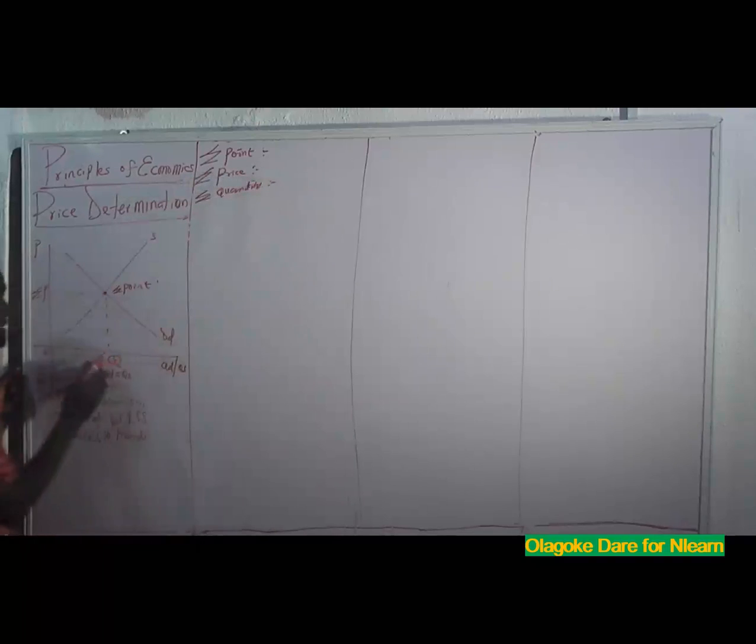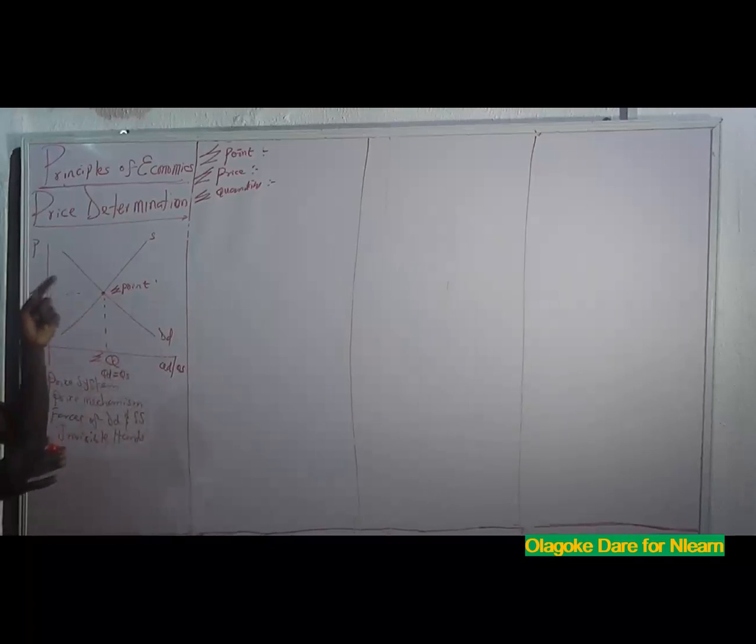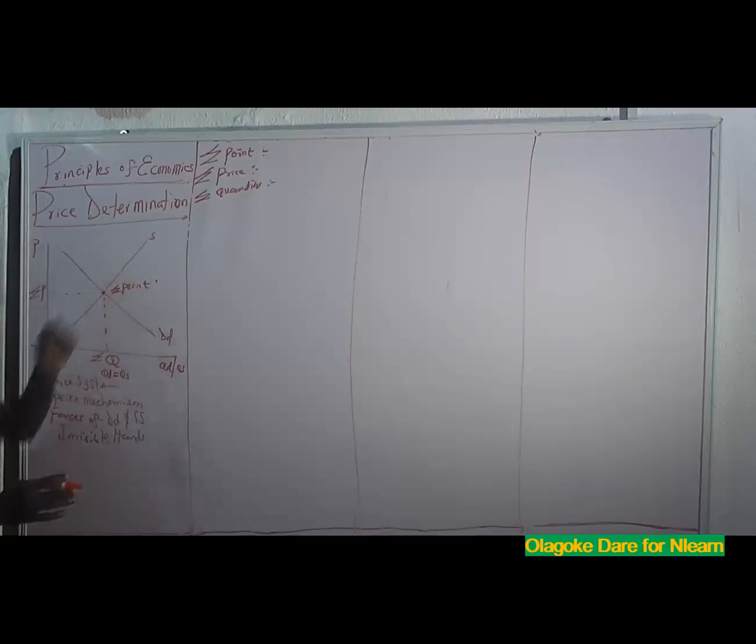My equilibrium quantity is the quantity at which quantity demanded and quantity supplied are the same. That's what we call equilibrium quantity. So these 3 points are very important to understanding price determination.